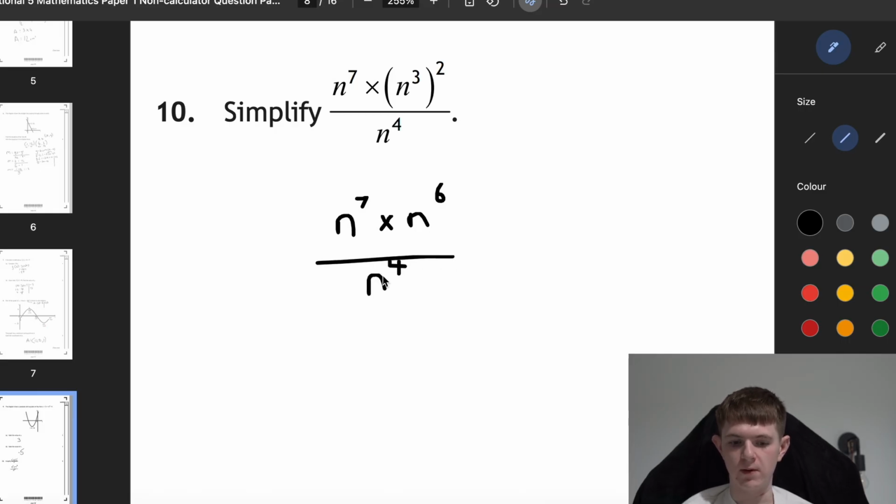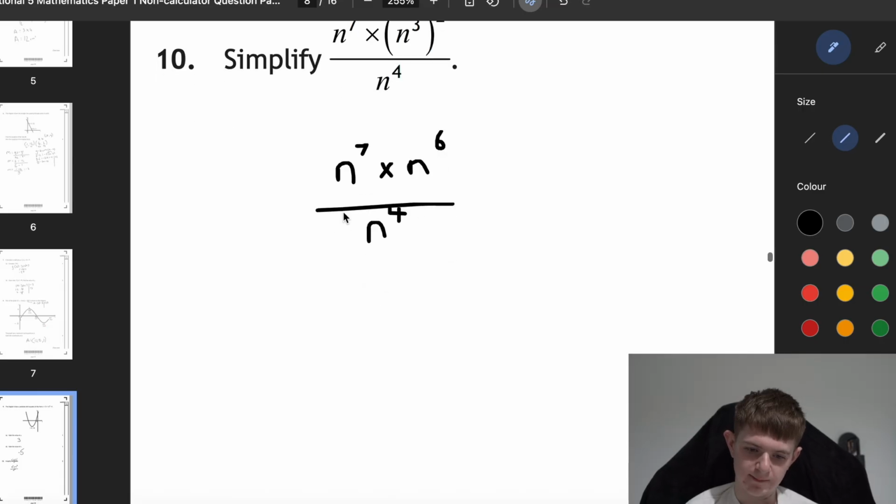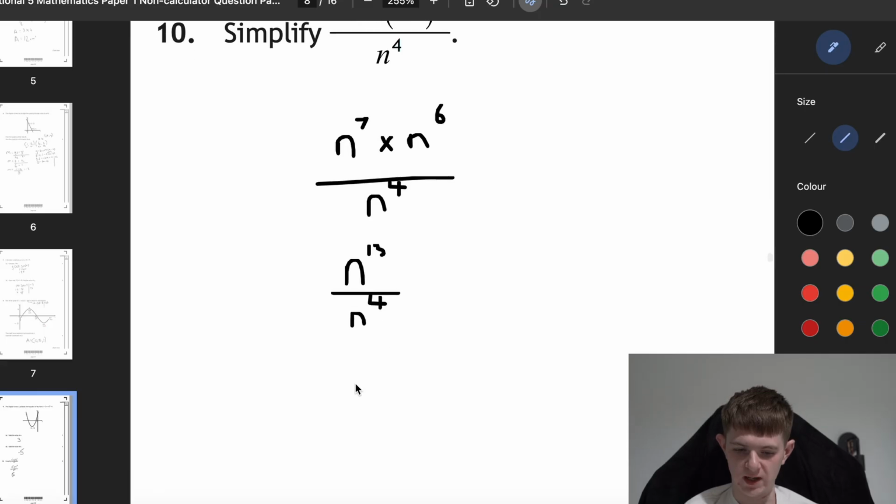I'm going to do the multiply first. n^7 times n^6 is just 7 add 6, and that's going to get us n^13. Divided by n^4, rather than actually dividing by 4, we're going to take away. So that's going to get us n to the power of 9. There you go. 3 marks.